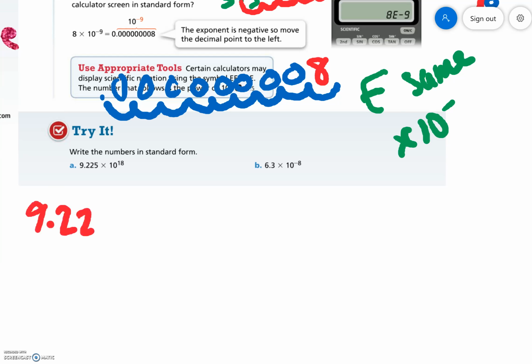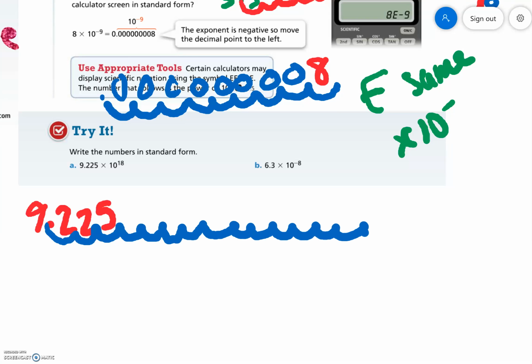So 9.225 times 10 to the 18th. I'm going to move 18 spaces to the right because it's positive. Fill in the empties with zeros.